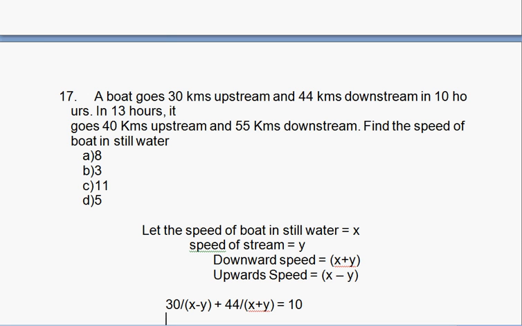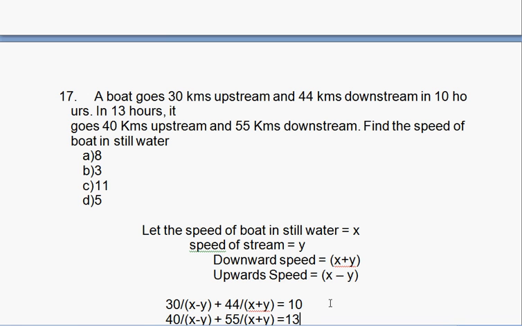The other equation says that in 13 hours it goes 40 kilometers upstream, so 40 upon x minus y, plus 55 divided by x plus y, because 55 is going downstream, and it is equal to 13.